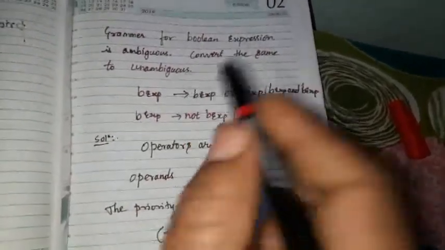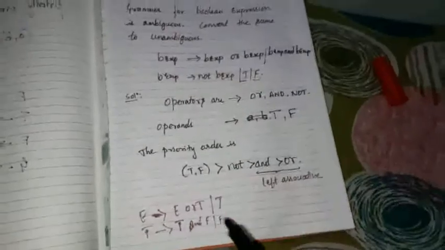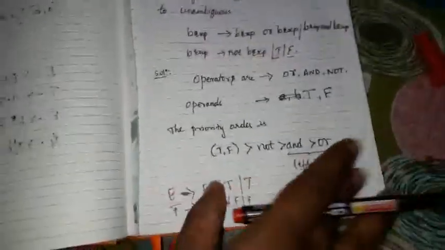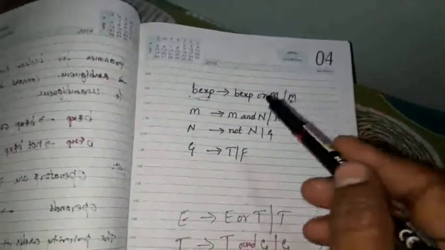This is ambiguous. We eliminated the ambiguity by using precedence and associativity, and the final answer was this. So this is about eliminating the ambiguity in a grammar, that is, converting an ambiguous grammar to an unambiguous grammar by using precedence of the operators and associativity of the operators. Thank you.